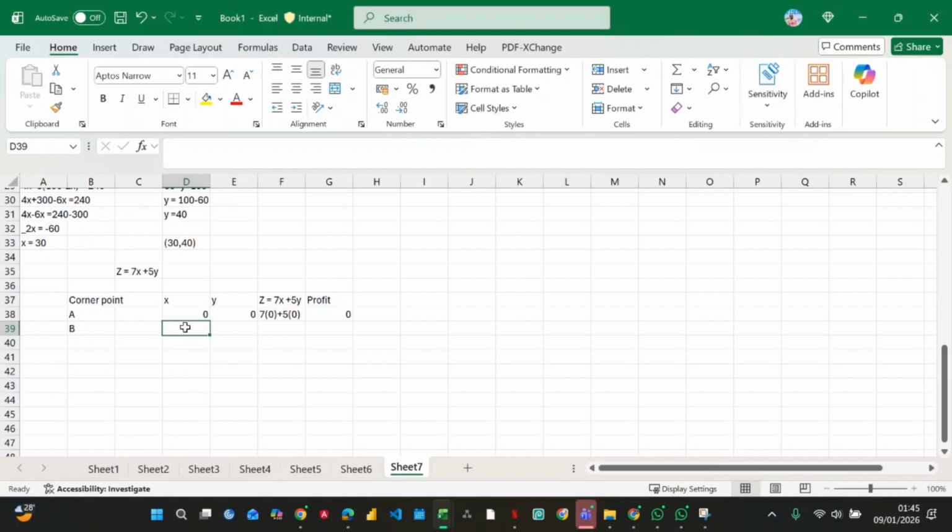So the next one, let's say we're looking at point B. So this one here, that is where we now have what?